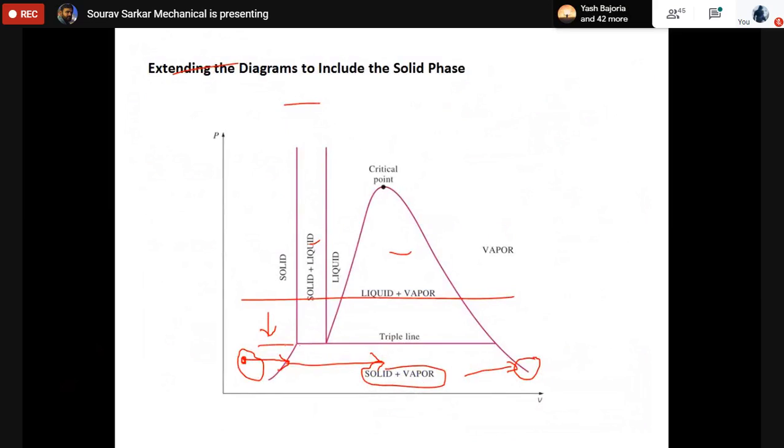After a certain critical pressure, if you go very low, the solid will directly convert into vapor, and whenever it is converting into vapor, there is a line. Along this line the conversion starts, and when it reaches this line, the conversion ends.